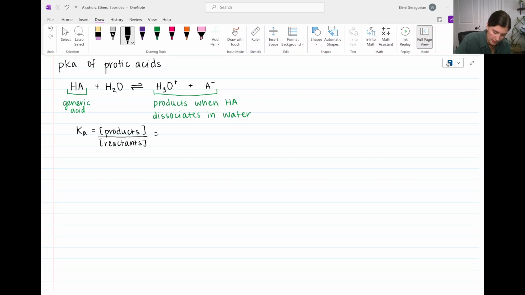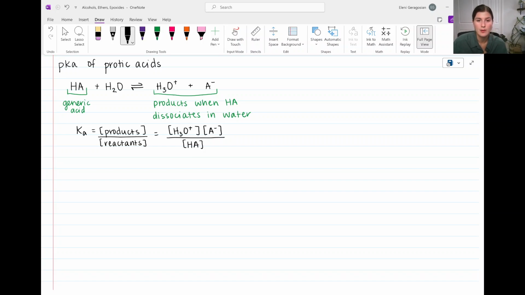Or in other words, the concentration of H3O plus, more specifically, and the conjugate base of the acid, A minus, over the concentration of the associated acid with the hydrogen still bonded to the rest of the molecule.